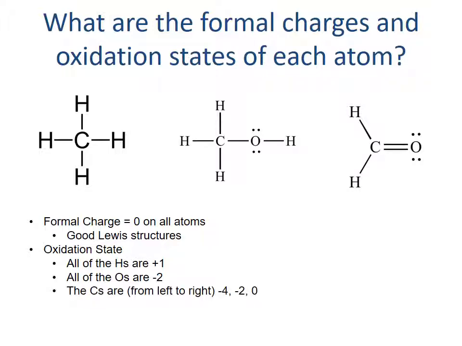Either way, the carbon on the left has a -4 oxidation state. The carbon on the right only gets the electrons from the hydrogens, and so it has 6 electrons. It doesn't get any from the bond to the oxygen, and so we have 4 minus 6 equals -2. And the carbon on the right gets 4 electrons from the hydrogens, but it doesn't get any from the bond to oxygen, and so we end up with 4 minus 4 equals 0.